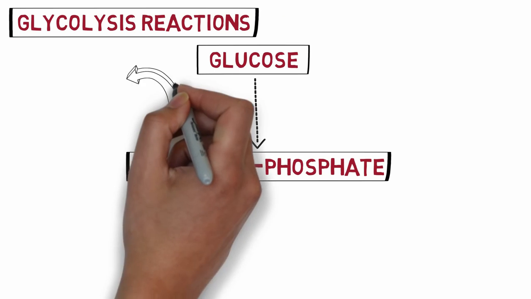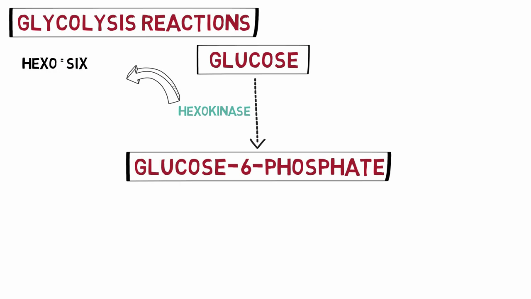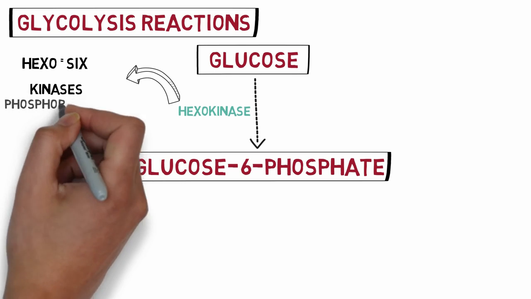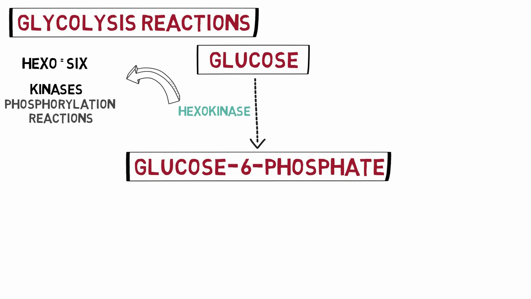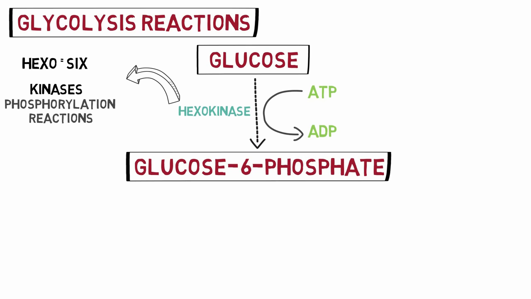The word hexo means 6, denoting the 6-carbon compound glucose, and kinases are a group of enzymes that catalyze phosphorylation reactions. So the enzyme hexokinase transfers a molecule of phosphate from ATP to glucose and converts glucose to glucose 6-phosphate. In this reaction, ATP is converted into a molecule of ADP. Hence, it utilizes one molecule of ATP.